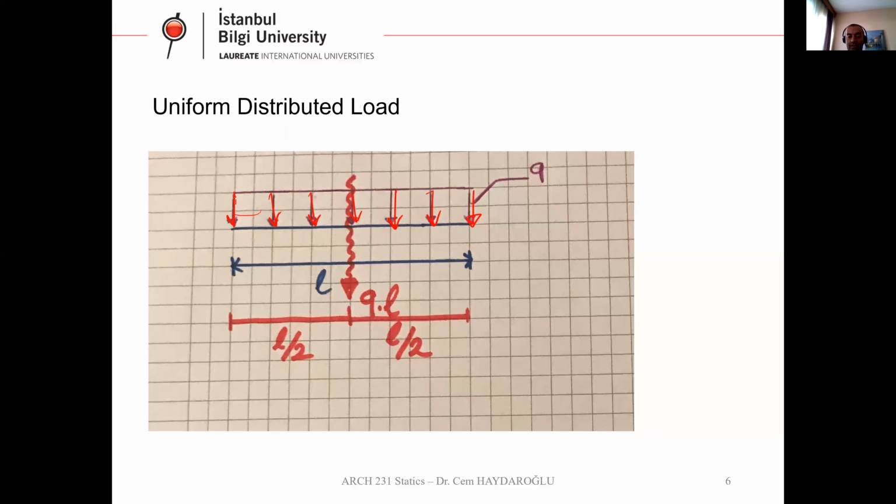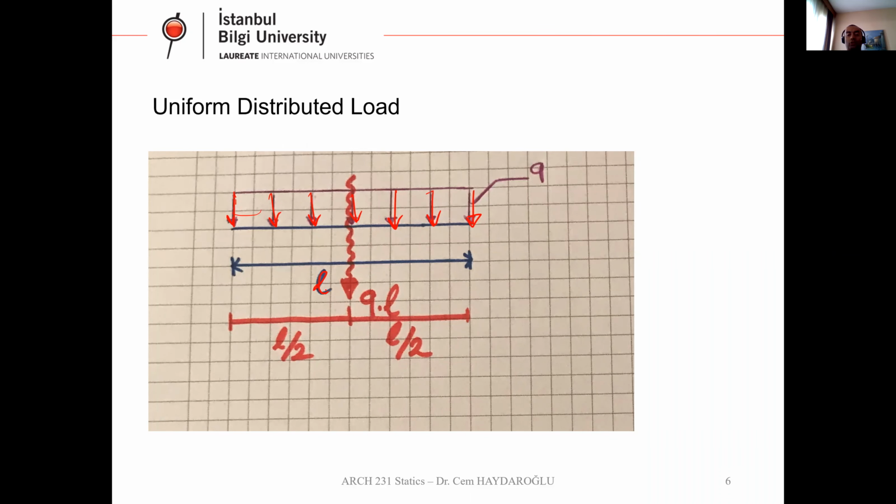What I understand is that I have the same loading at each point. The magnitude of this load is Q. The distribution length is L. Okay, I have a uniform distributed load.